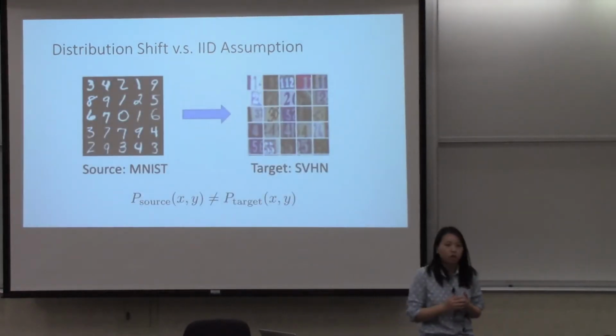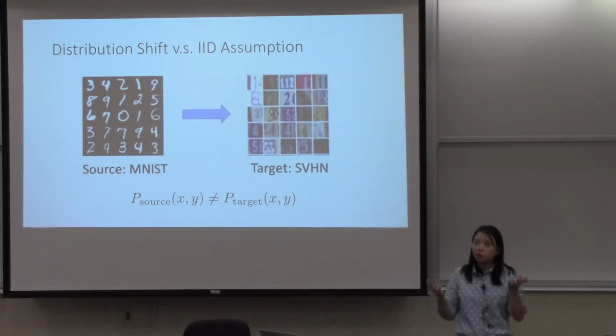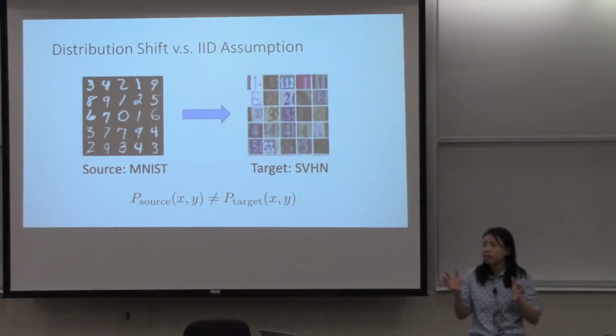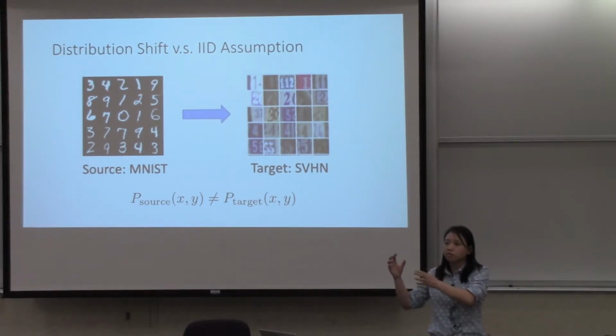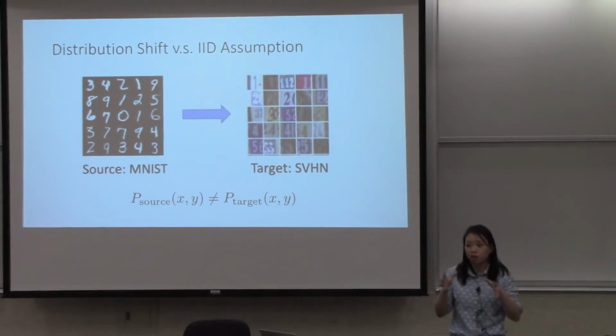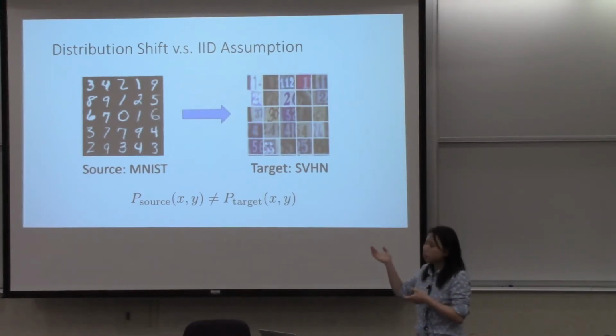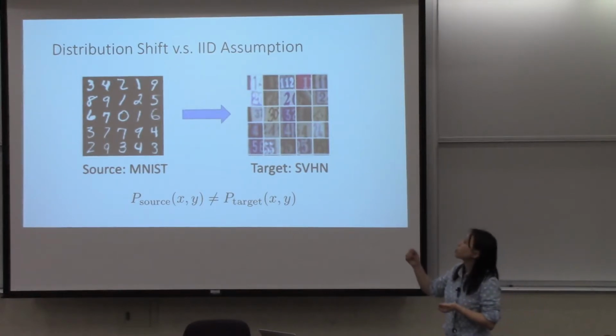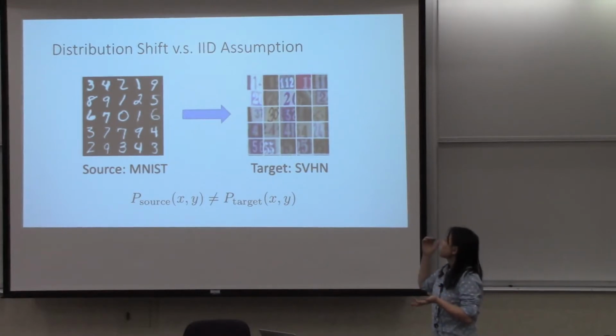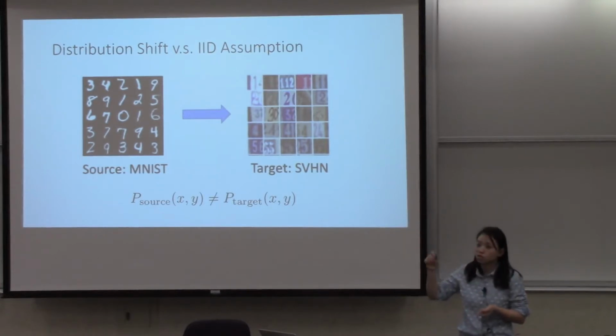But in reality, we have many very large benchmark data sets, but even so, sometimes you need to apply your model on some domain that the benchmark data does not cover. For example, you want to train on MNIST, digits that are human handwritten very clearly under some experiments, but then you want to predict on SVHN data, which is the door signs.